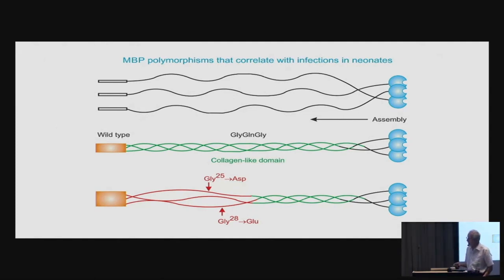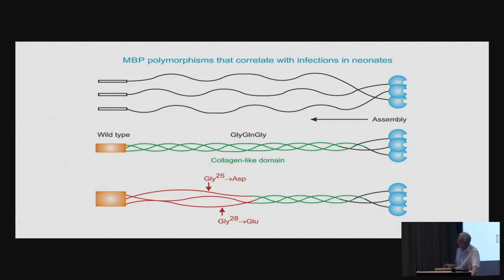They will prevent the formation of the collagen triple helix. Just the one simple mutation of changing a glycine to something else will certainly prevent the ability of this molecule to assemble into its full trimeric state. And in fact, we know that's true. Once the folding starts at this end, it goes as far as it can go, and then it can't finish assembling the rest of the molecule.